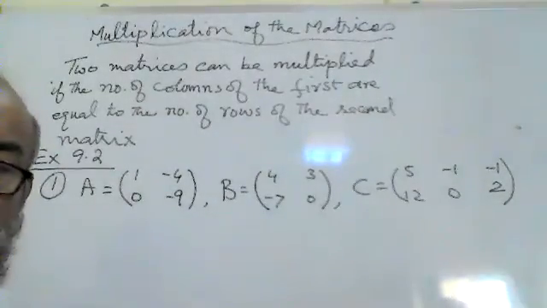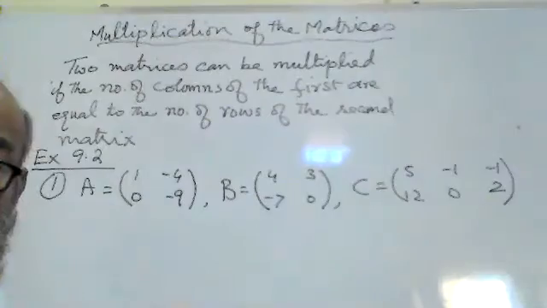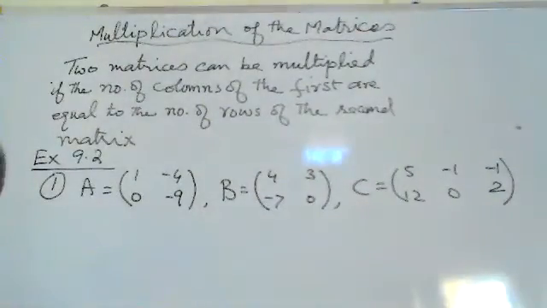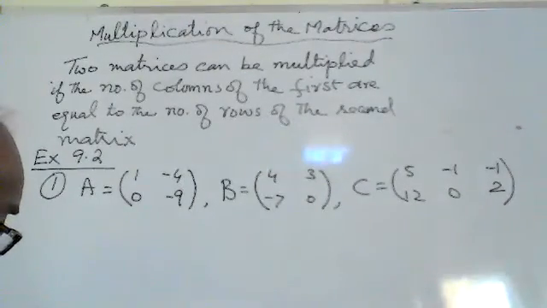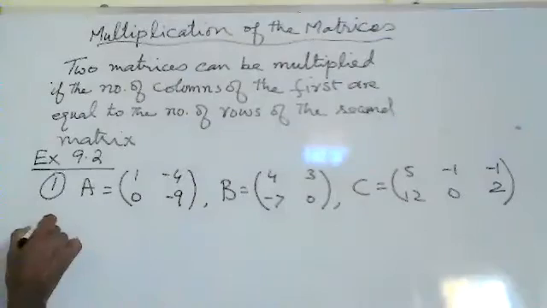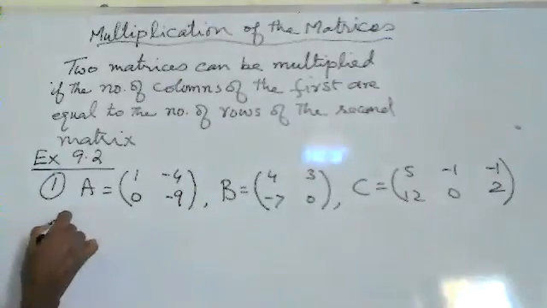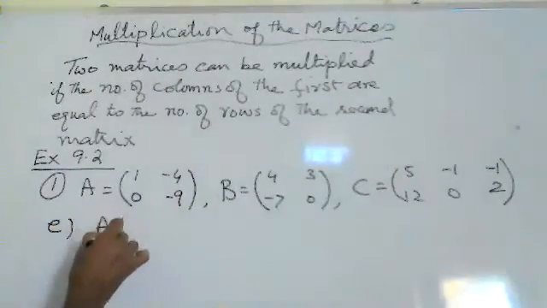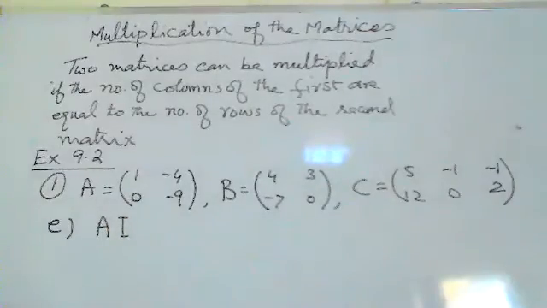Okay. These are the three matrices. E part, A into I. I told you this is the identity matrix.